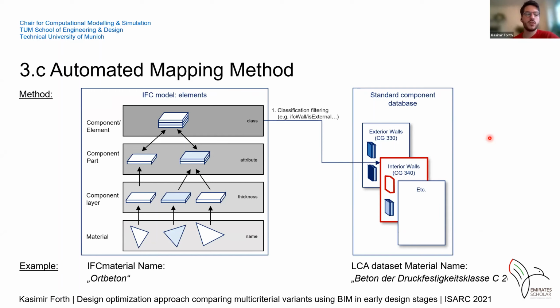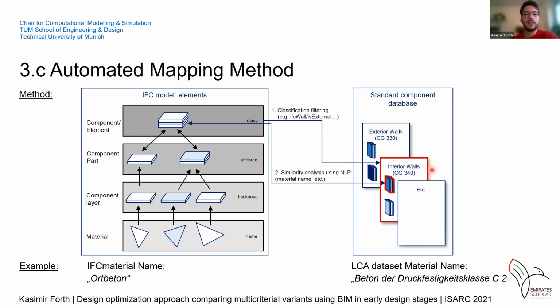This fits well not only for life cycle assessment, but also for the cost analysis, which will be conducted in the next step. So the first thing is I go through all of the IFC elements and filter the according cost group in my standard component database.